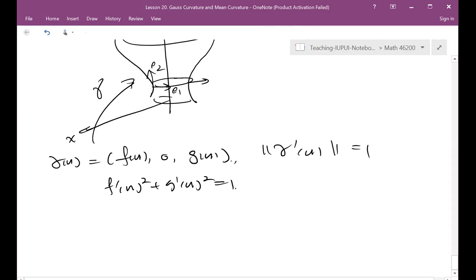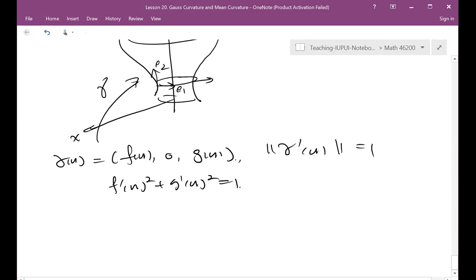All right, so we already did the computation for the first fundamental form, and I think I also have formulas for the second fundamental form. Otherwise we have to redo the computation.